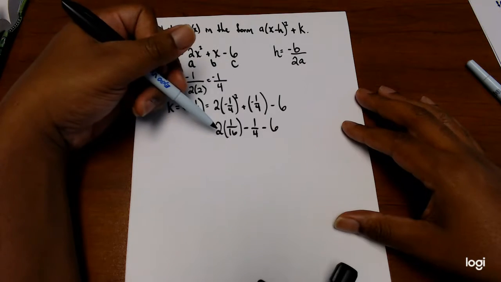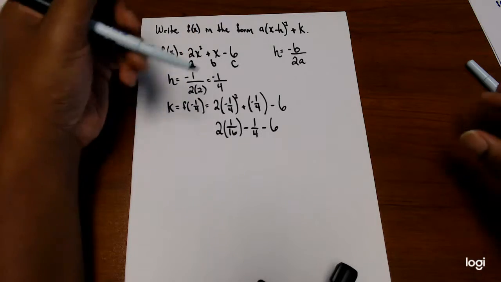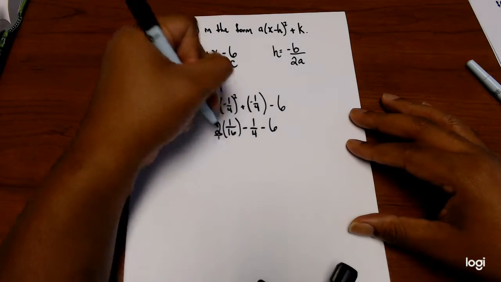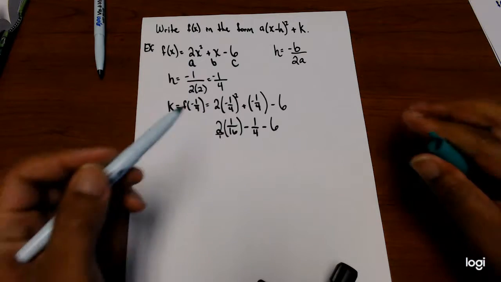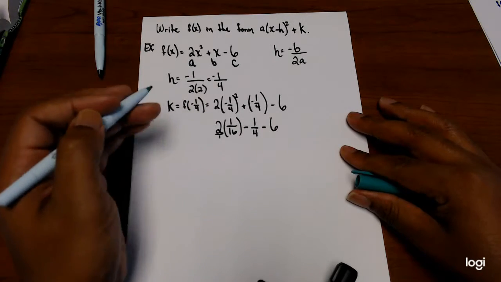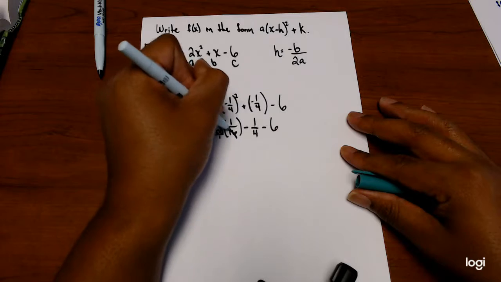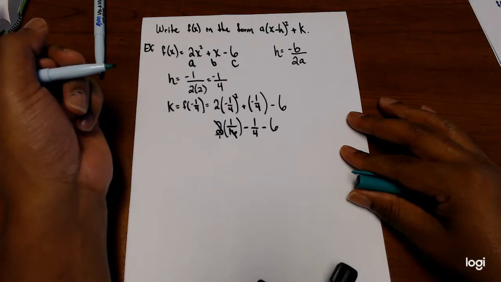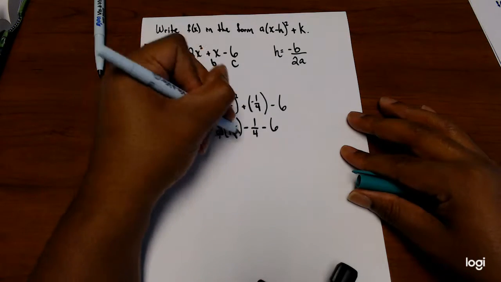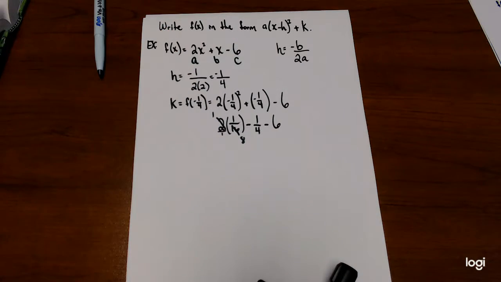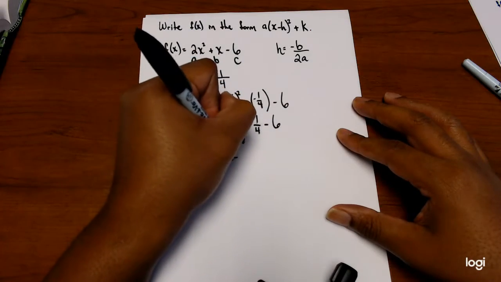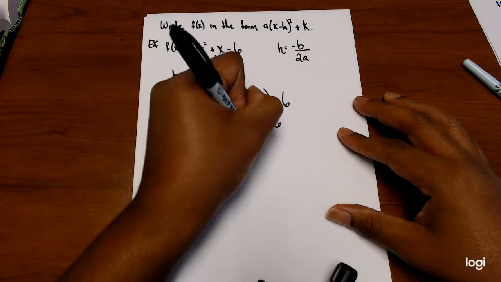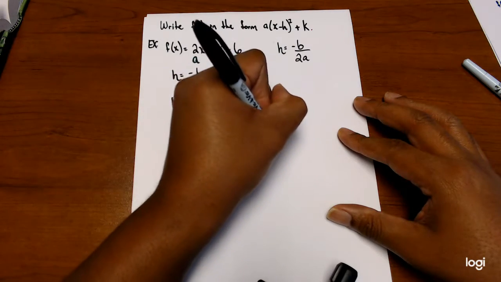So this is 2 over 1, and because this is 2 over 1, it's a fraction, right? Remember, 2 over 1, not 2 over 2. So we look at this multiplication here and we see that we can reduce 2 and 16, 2 over 16. 2 over 16 is the same as 1 over 8. So we get 1/8 minus 1/4 minus 6.